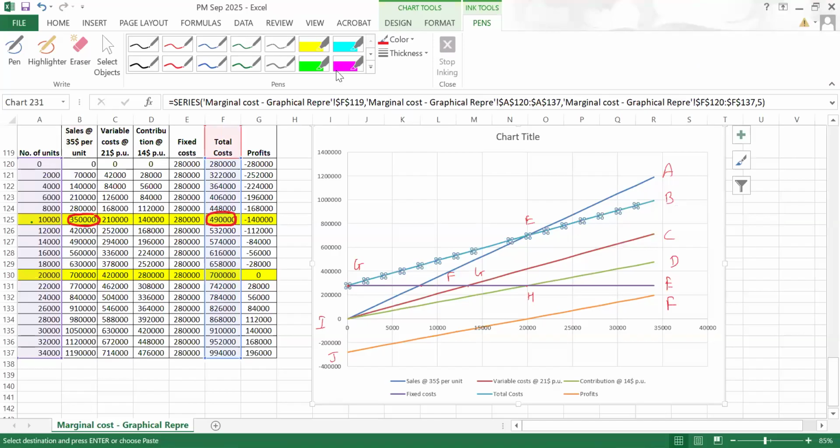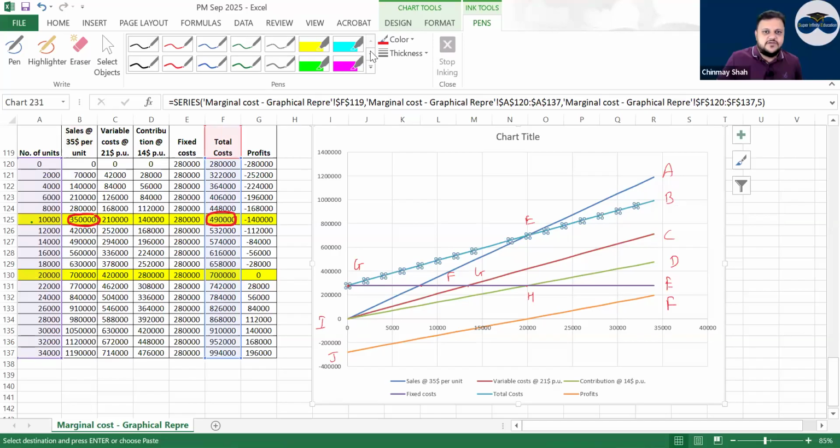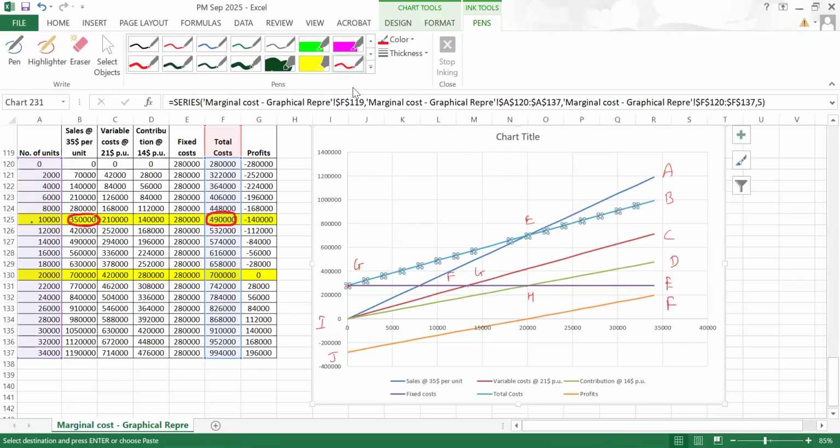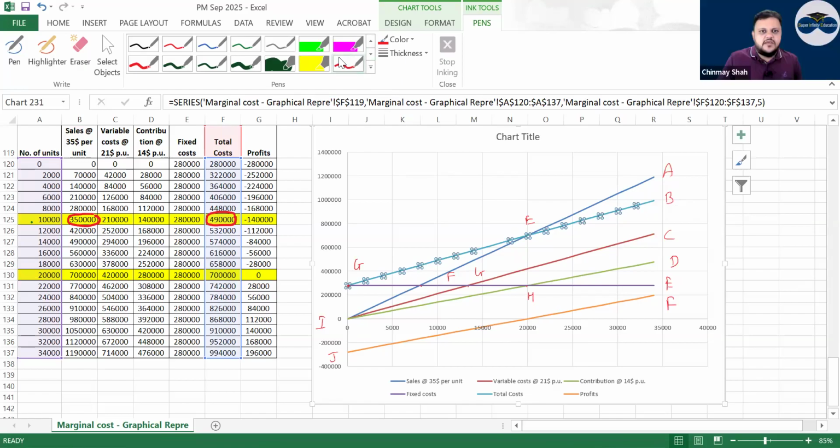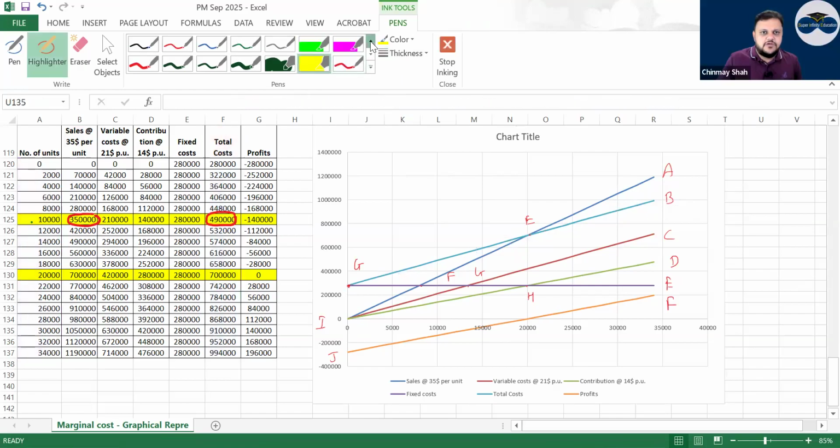Right? So which area is profit? Which area is loss? Tell me. GIE is loss and AEB is profit. AEB. So everybody okay with it? Have a look. Yes. This area. Some different color. 1, 2, 3, 4, 5, 6, 7.